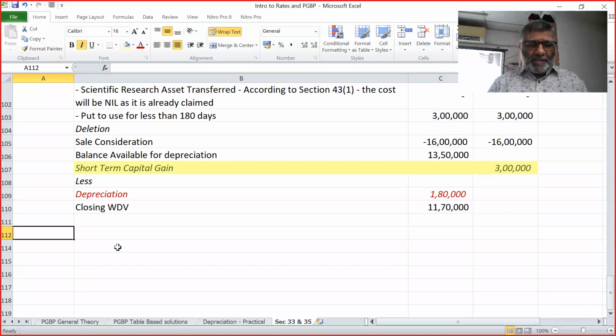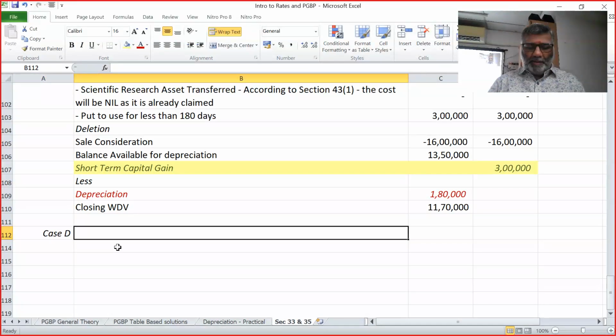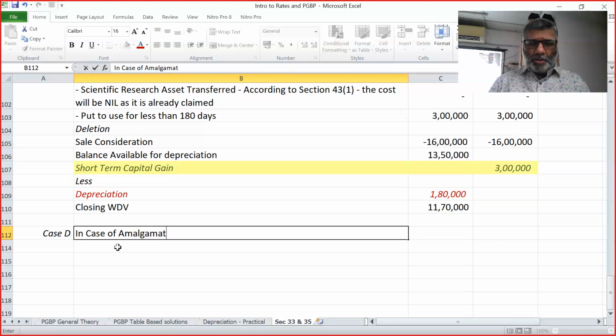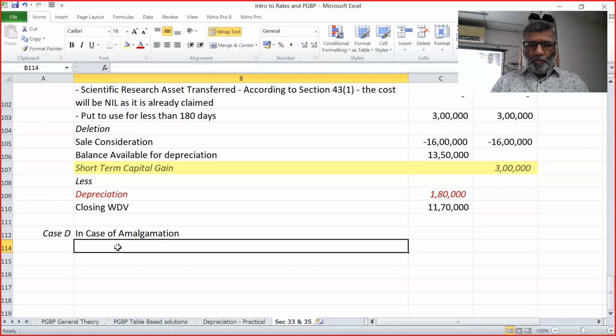Case D answer, which is going to be consistent in case of amalgamation. Friends, for all cases henceforth you are going to see for all three things: amalgamation, demerger, succession.